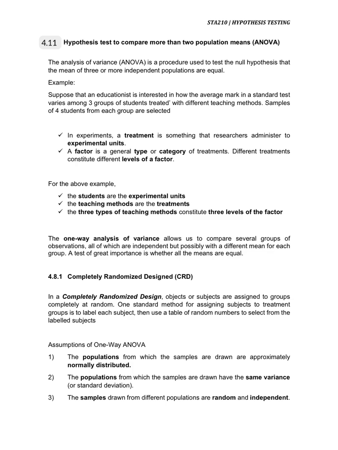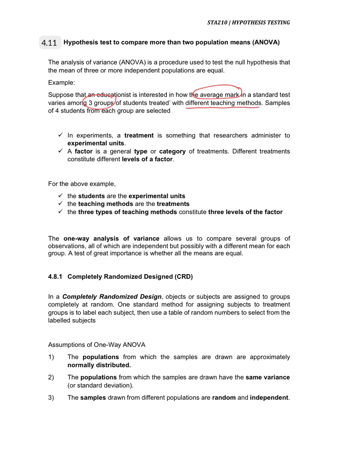So in this example, we want to study whether the average mark of a student differs, where we have 3 groups of students and each group has been taught with a different teaching method.